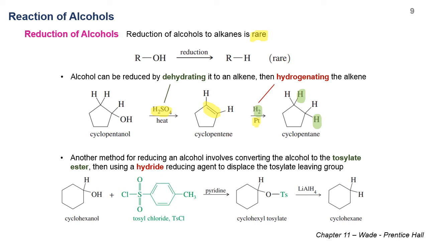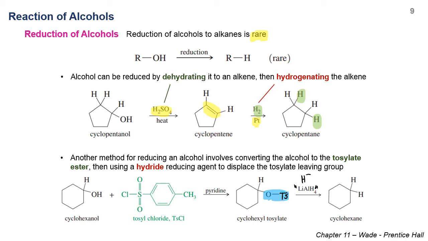The other way is by using alcohols with tosyl chloride to transform the alcohols into a good leaving group. And from here, you can use some hydrogen nucleophilic species, for example, lithium aluminum hydride. This is a source of H-, which I will introduce to you again later on.